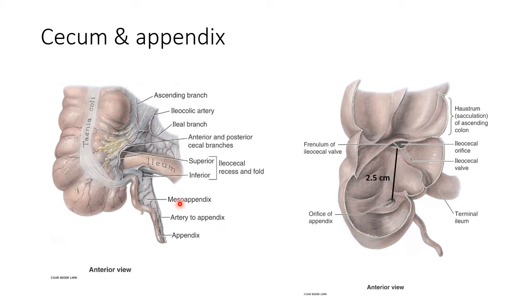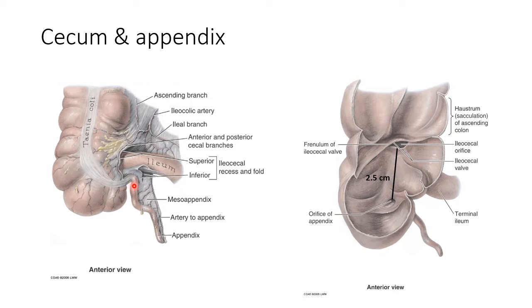One thing also to note about the appendix is that it has no taenia coli. And just to add, there is no taenia coli in the rectum. I think I should have mentioned this in the earlier slides.